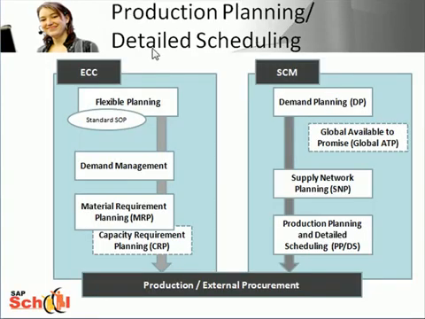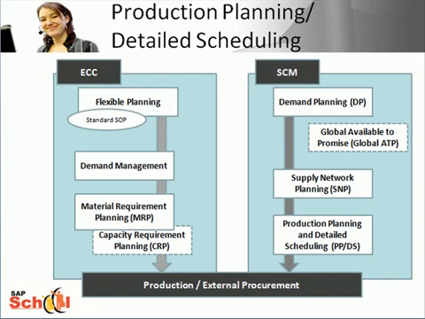Production planning and detailed scheduling, or PP/DS as it is normally called. This is used to plan for critical products such as products with a long replenishment lead time or products to be produced on bottleneck resources.